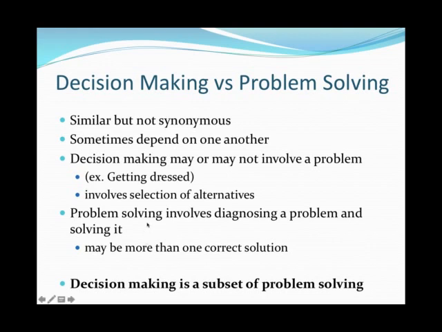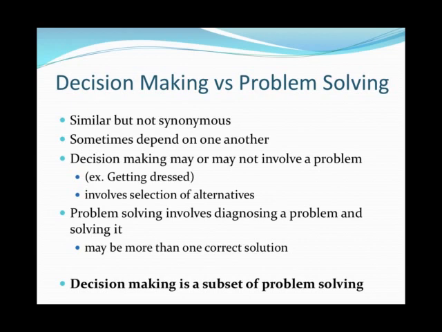In problem solving, it involves really diagnosing a problem and solving it, and there may actually be more than one correct solution. A lot of times in medicine, we're trying to decide, okay, this person has asthma. Should I give this inhaler or this inhaler?